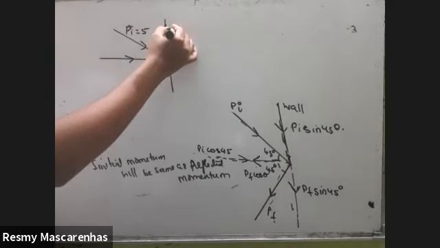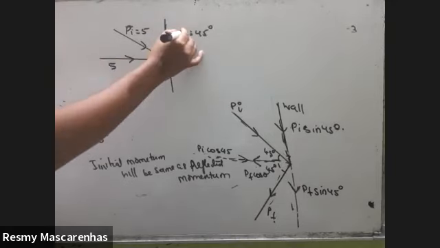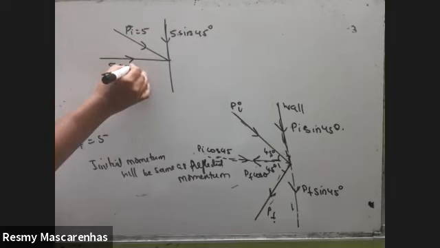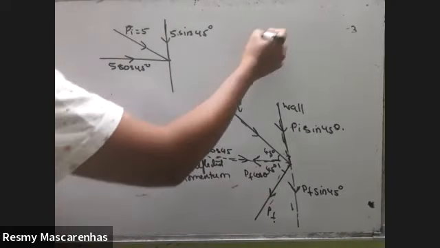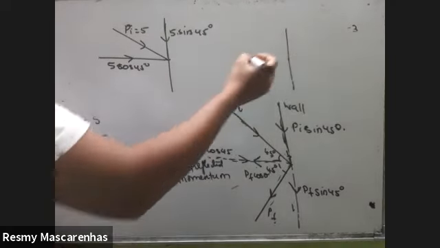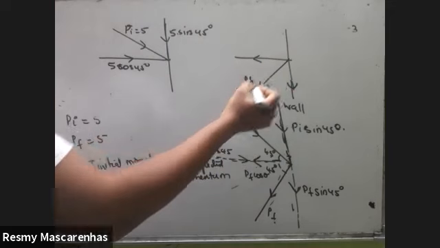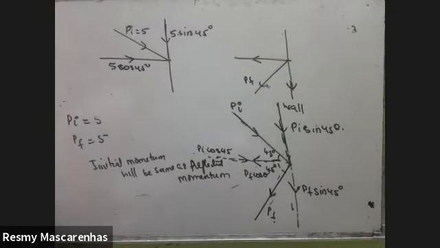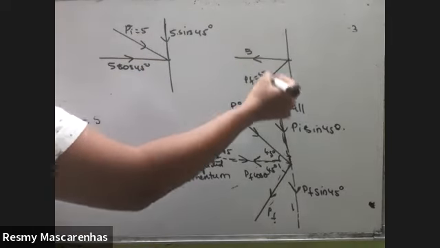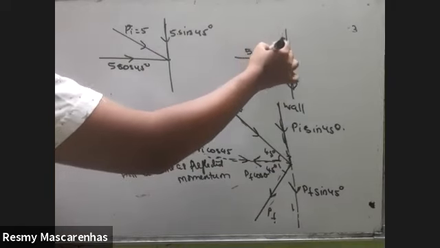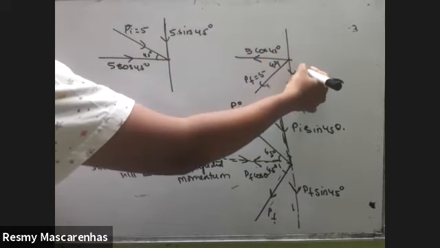So this will be 5 cos 45, and this will be 5 sin 45. I'm just substituting the value. And for this one, I'll draw again. This is for PF. I'm drawing separately so that you don't get confused. So for PF, this is again 5. This is again 5 cos 45, because this is 45 degrees, and this will be 5 sin 45.